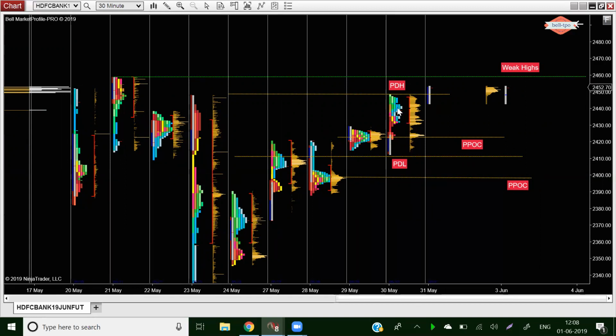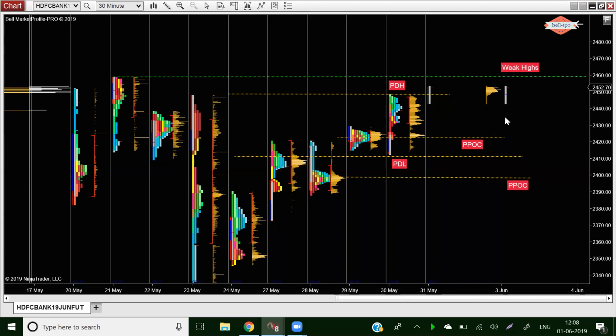If the number of letters in this point of control is 10 or greater, then it is prominent. Market profile charts plot every 30 minutes as a bar, indicated by an alphabet. It starts from the A period, then B period, and goes till the M period.